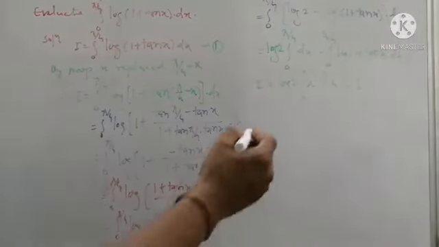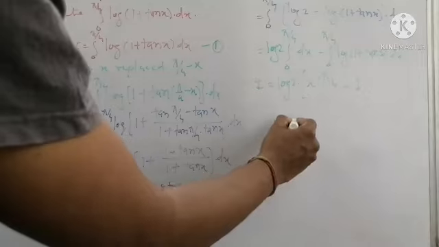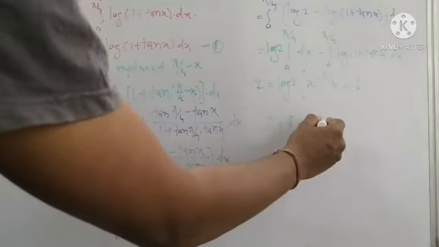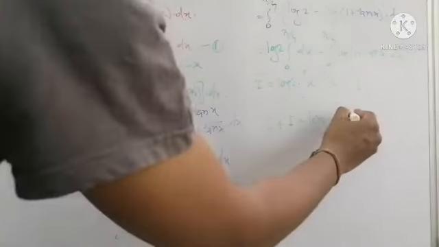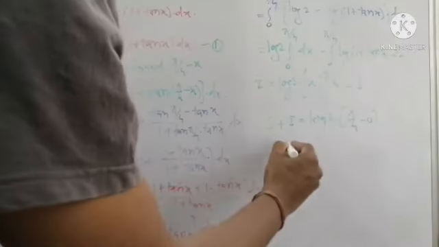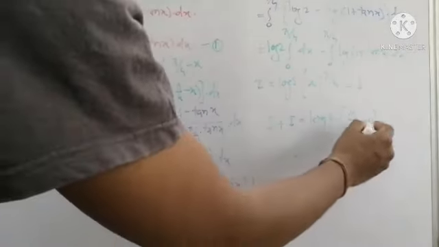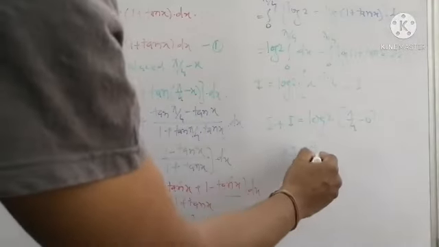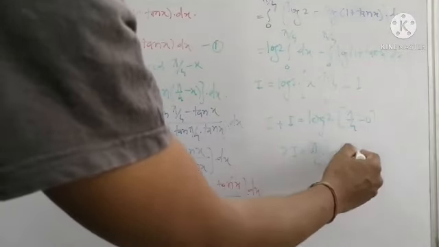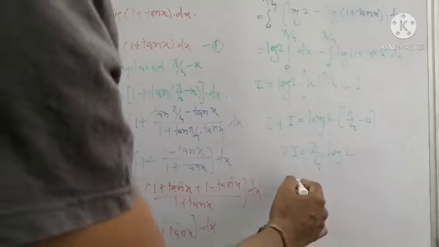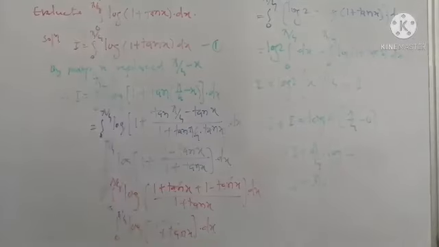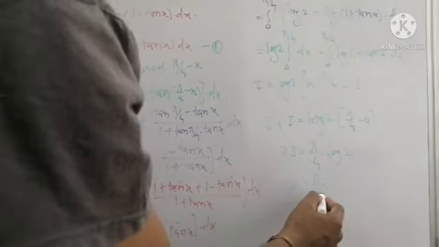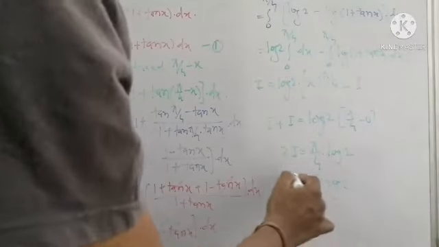So on the left hand side we get I plus I, and on the right hand side we get log of 2, as x is there, so we take only the subtraction of limits, pi by 4 minus 0. So 2I is equal to, now pi by 4 minus 0, so we take pi by 4 into log of 2. Now this 2 is transferred from the left hand side to the right hand side in the denominator, so it is taken in multiplication with the denominator, so we get pi by 8 into log of 2. So the answer I.